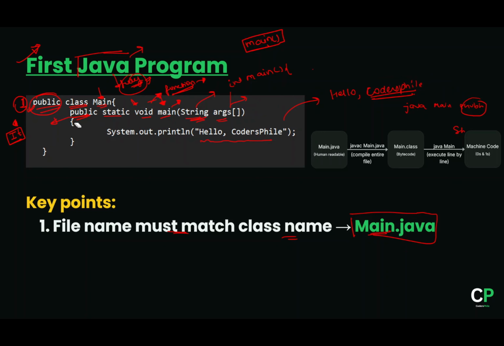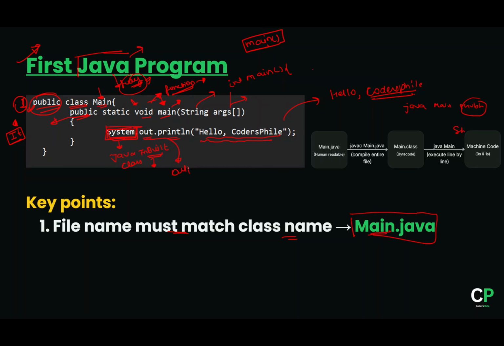Now let's move to the next line. System.out.println hello coders file. First, System is a Java inbuilt class that contains a lot of pre-written code. It is the output stream.